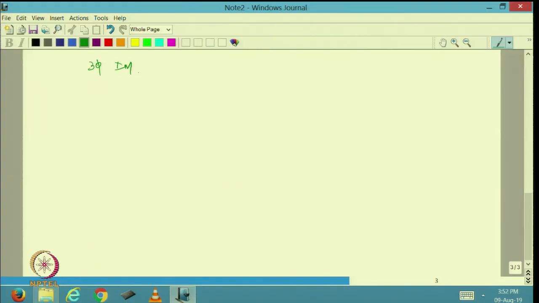So, based on this, let me try to work out one problem for the induction motor, performance characteristics. 3-phase induction motor, no load and block rotor test. Let me try to work out one problem. So, the problem statement goes somewhat as follows.